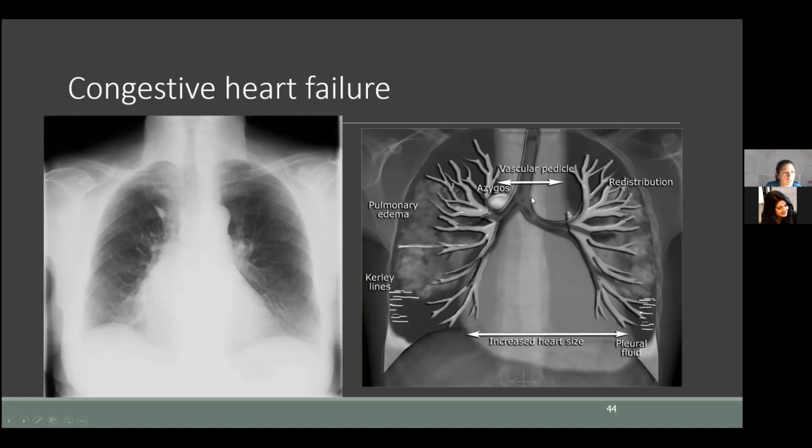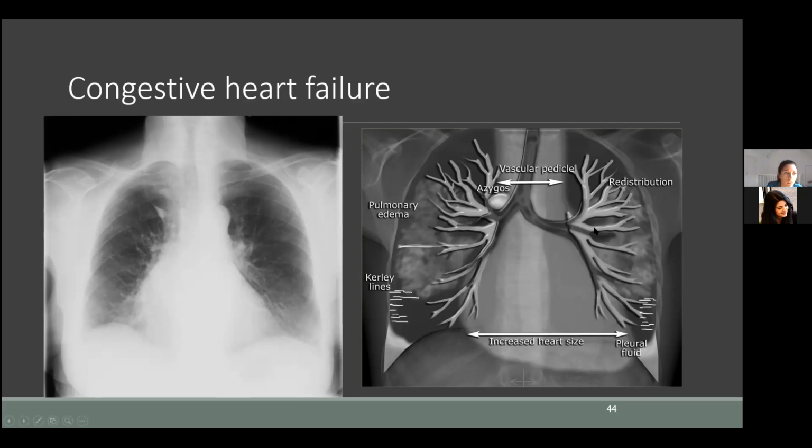So, signs of congestive heart failure. I think this is an important picture where you can see all the signs that you might see on the chest X-ray. You can see an increase of the vascular pedicle due to fluid overload. You can see pleural effusion. You can see redistribution of blood in pulmonary vessels, which is caused by distension of the vessels, mainly in the upper zones, and also recruitment of the previously non-perfused vessels caused by the reserve capacity of the lung.